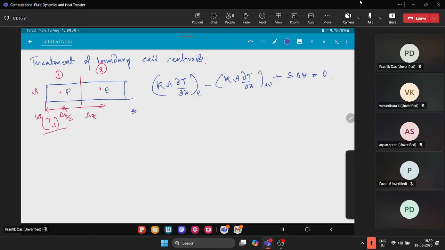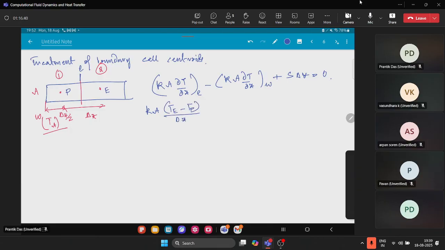Now dT/dx at small e I can do. This is small e, which is the common face between capital P and capital E. So this will be equal to T E minus Tp divided by delta x.